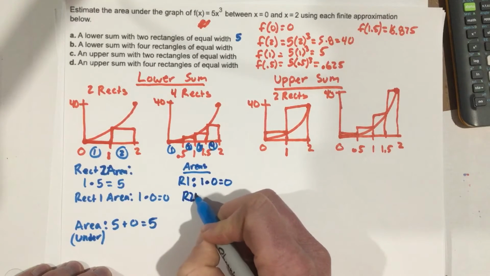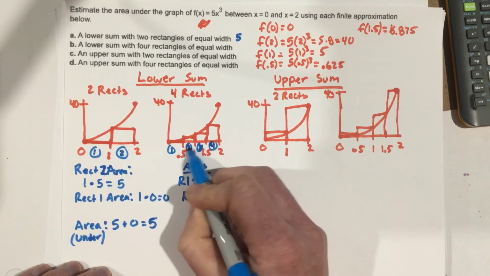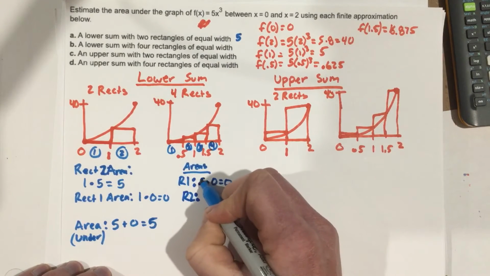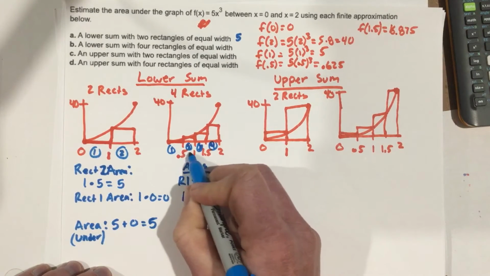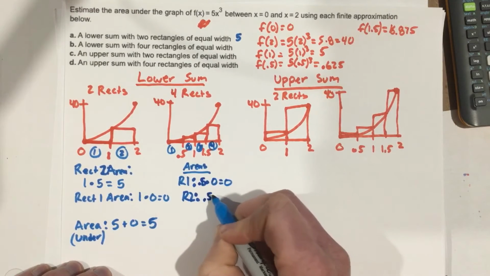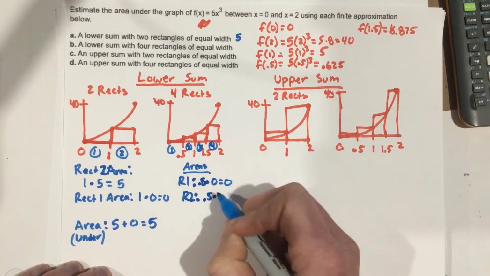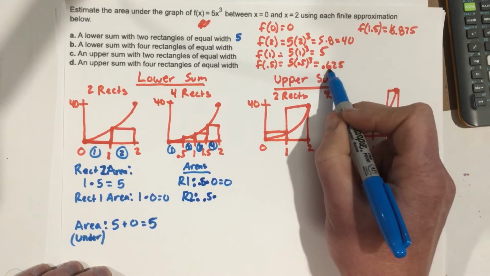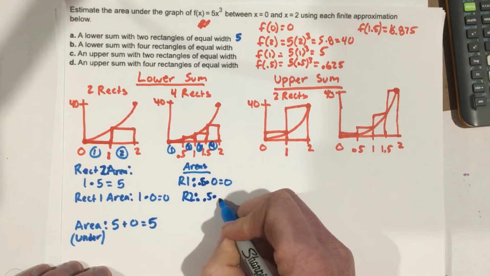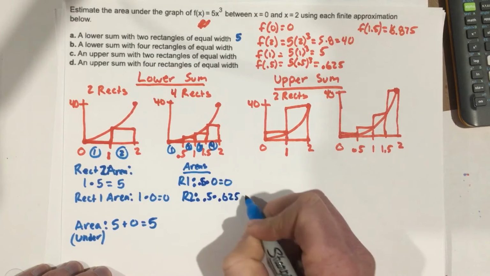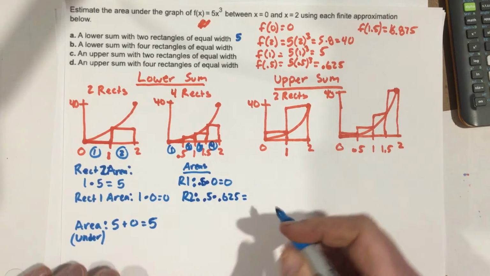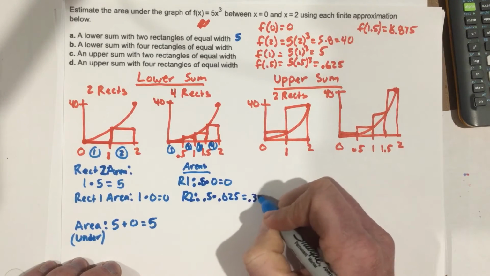For R2, we have a width of 0.5 times its height. Well, its height is f of 0.5. F of 0.5 is 0.625. So we have 0.5 times 0.625, which gives you 0.3125.